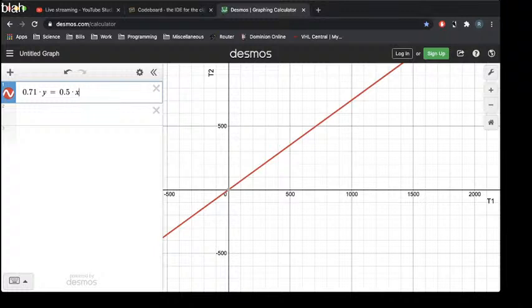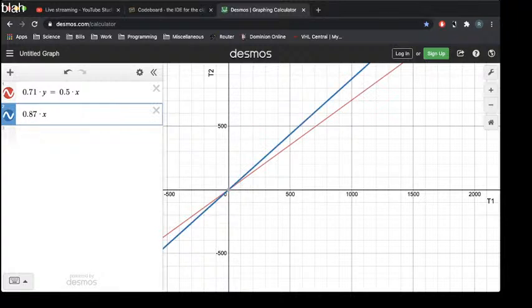So that's my first equation representing force balance in the horizontal direction. Then I have my vertical equation, which is 0.87 T1, which is x, plus 0.71 T2, which is y, equals 500.